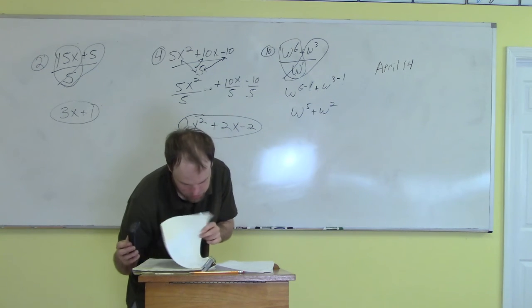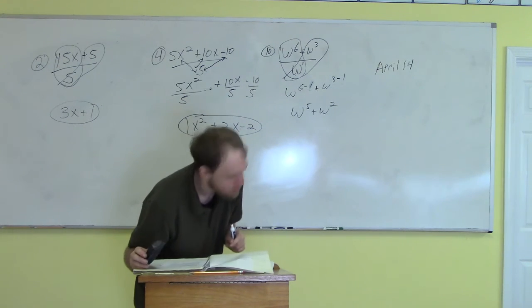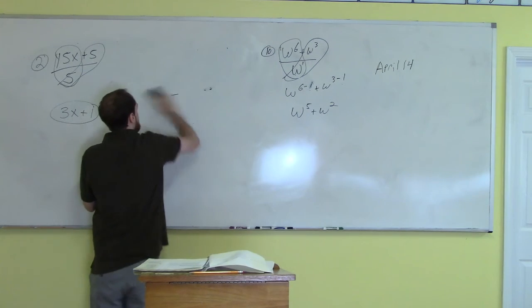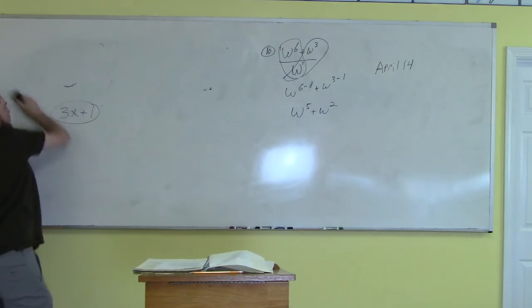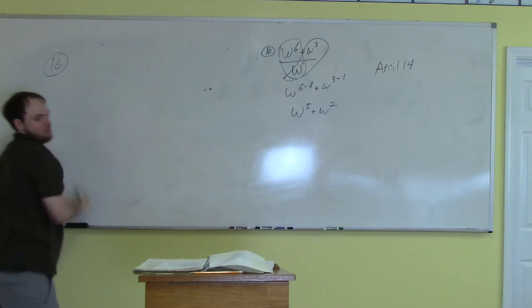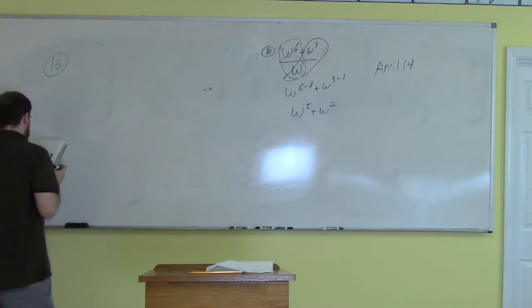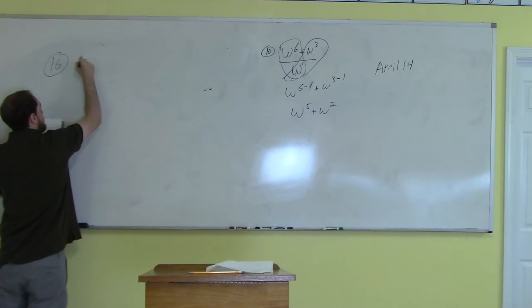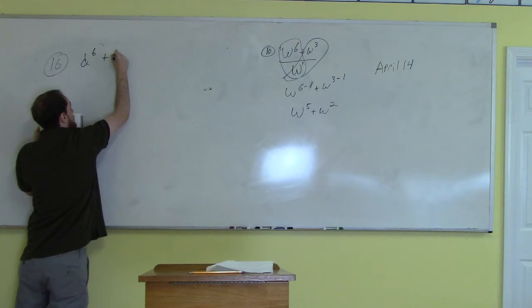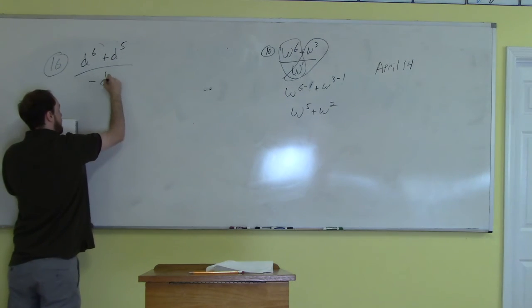Looking at it, let's try 16. So 16 is going to be d to the 6th plus d to the 5th all over negative d.